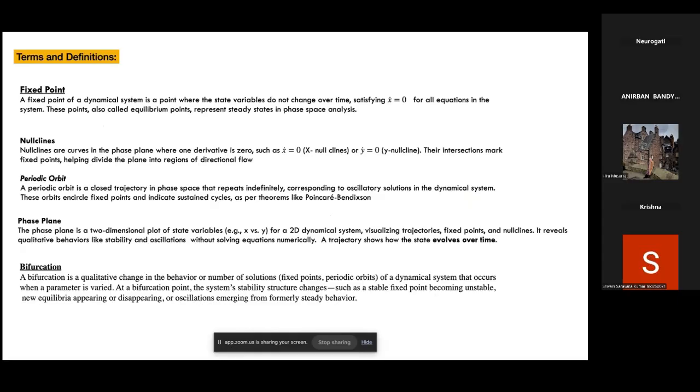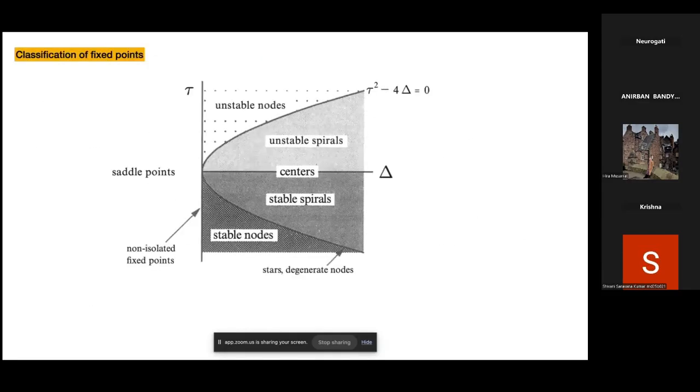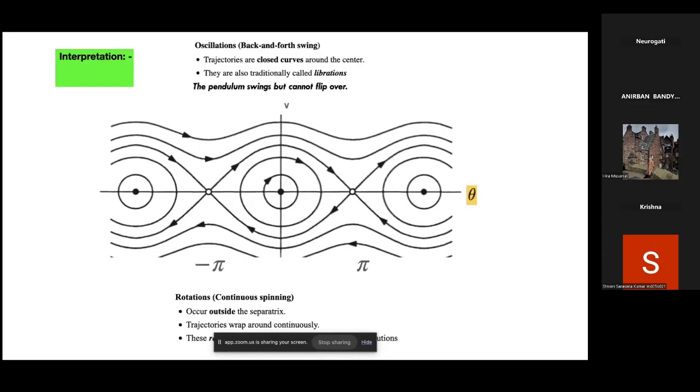When we plot all the solutions, its trajectories, its fixed points, and try to understand how the trajectories or solutions evolve over time. So let's try to look at and interpret the system.